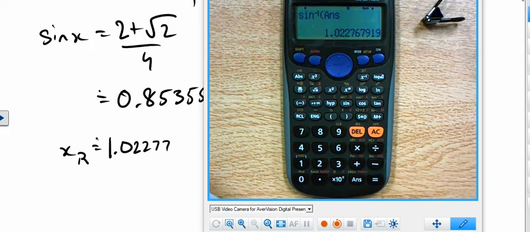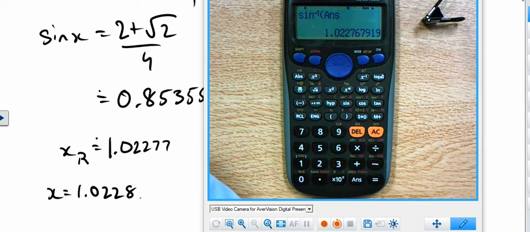If we came from the fraction to this related angle, do we have to show the middle part? No, so it can come from the sine x to that x. Yeah. And then that means quadrant 1 is going to be that, 1.0228.